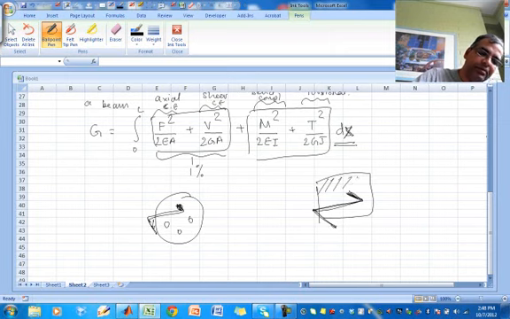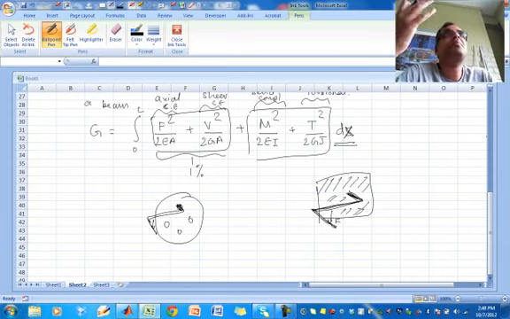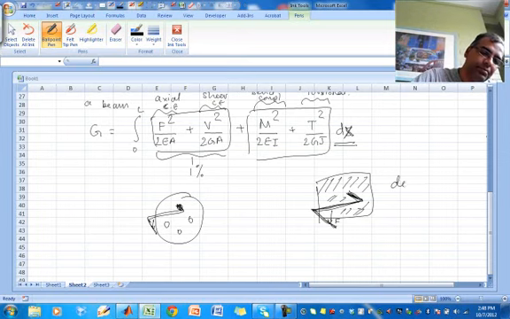The wall represents the tire and this bar is my lug nut. And I'm going to apply some force on this, F. And the question is, how big should this thing be? Should it be 3 mm dia, 4 mm dia? What should it be? 3 centimeters, 10 centimeters, what? So the decision is based on stiffness.